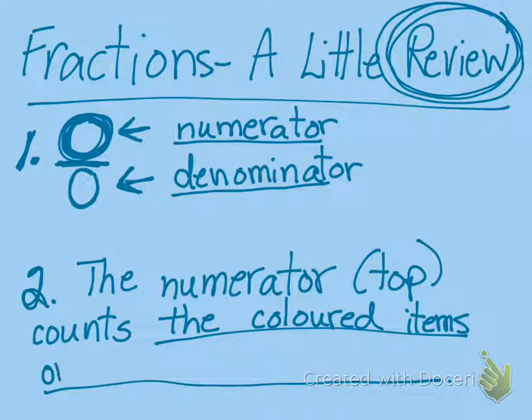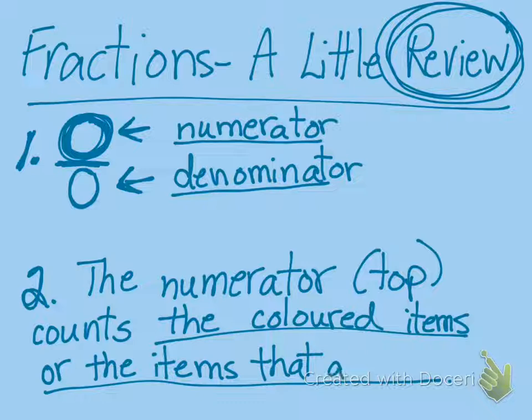Or in a group, the numerator counts the colored items or the items that are the same. So 3 out of 8 items are apples. The items that are the same. Okay, so pause your video until you have that all copied out.